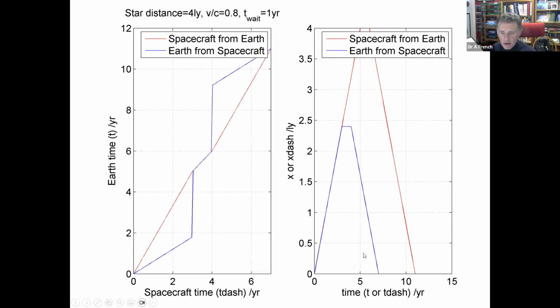I think I'm going to stop there because there are loads of other things you can talk about, like momentum, energy, Doppler shift, velocity transformations, all sorts of things. But I think that will be a course for another day. Time dilation, length contraction, loss of simultaneity, that's really the guts of special relativity.